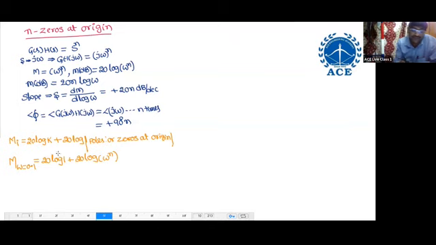That's all. 20 log 1 is 0. Then I can write plus 20n log omega. What is omega? 0.1. Then magnitude at omega equal to 0.1 equals how much? Minus 20n dB.